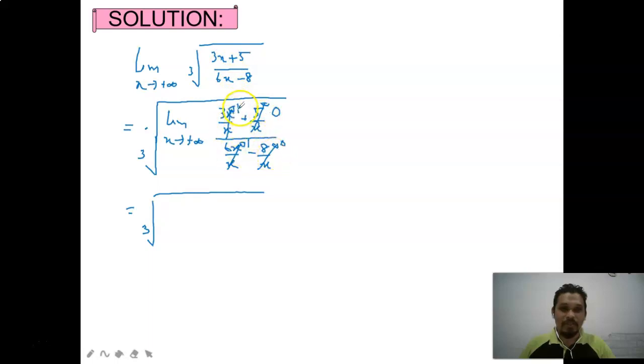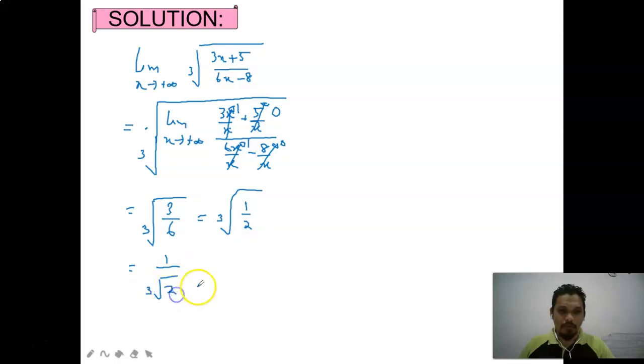So it is now 3 times 1 equals 3, and 6 times 1 equals 6, which is equal to 1 over the cube root of 2, which is 1 over cube root of 2.